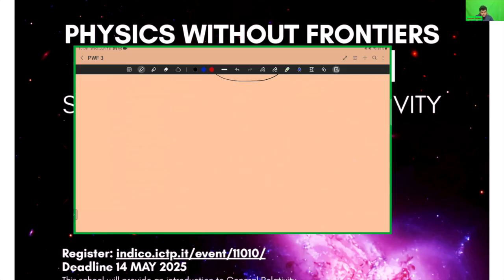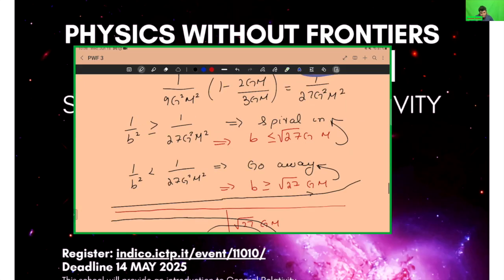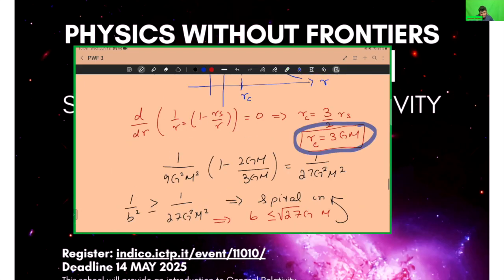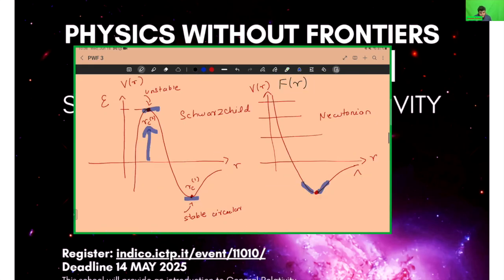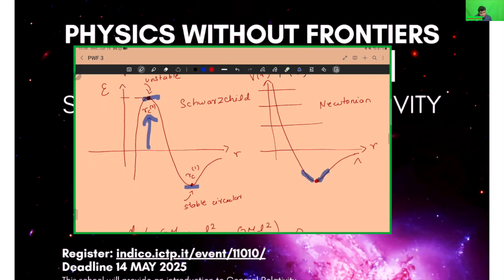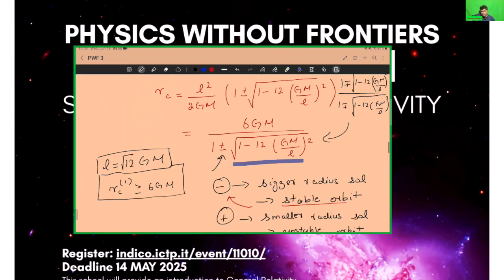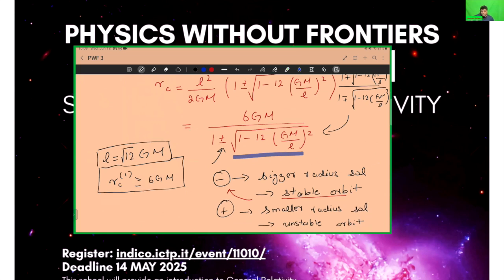Well, if you look at this particular graph that I had earlier, you can see that if the energy is bigger than this thing, then it can go inside, right? The thing is that for massive particles, it's not as simple as photons because it depends on the angular momentum. If the angular momentum is bigger than a certain value, then you cannot have circular orbits.